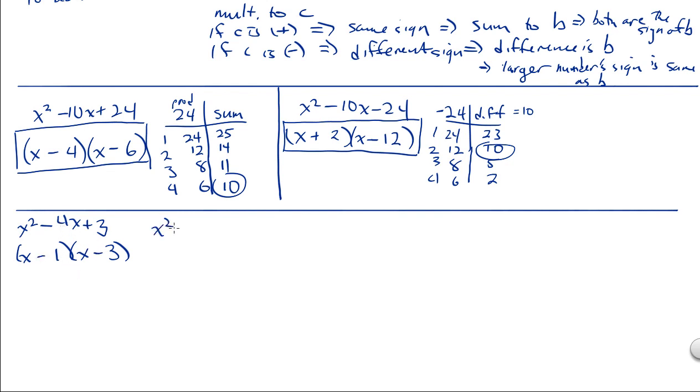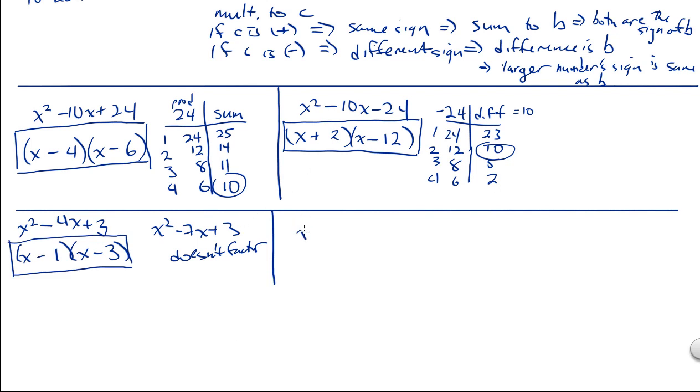If it was something like x squared minus 7x plus 3, then it just doesn't factor, because there aren't two integers, I should say, that multiply to 3 and add to 7. There might be other ways to factor this using non-integers, but we're not there.